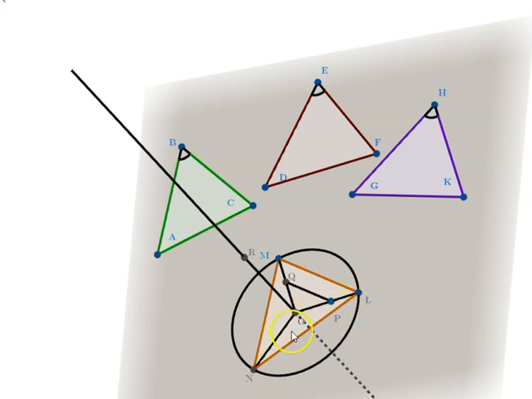So if we add up these angles, this becomes 4 right angles, but the sum of these three angles becomes greater than 4 right angles, which is against the proposition which says that the sum of these three is less than 4 right angles. So which means AB cannot be less than LO, and it is not equal to LO. That means the only possibility is that AB is greater than LO.